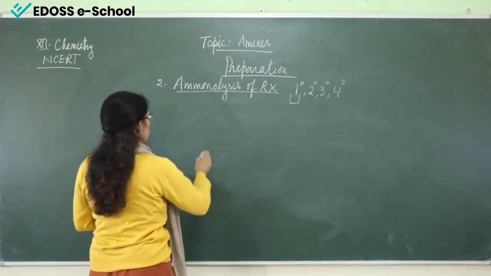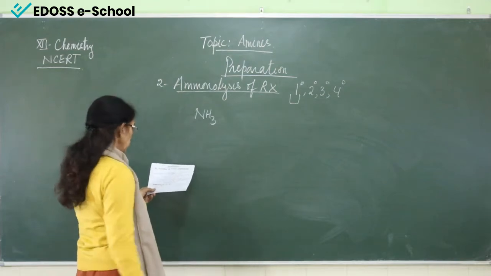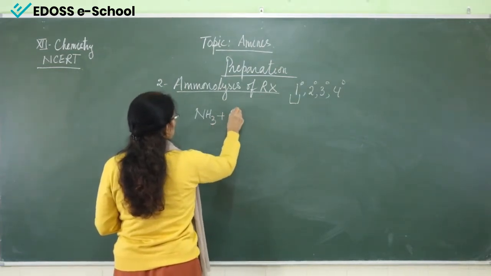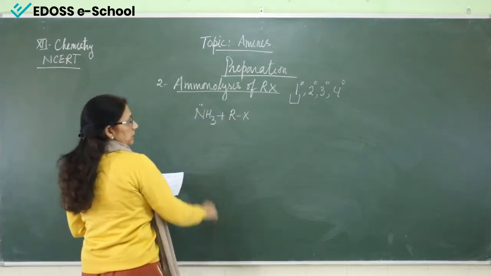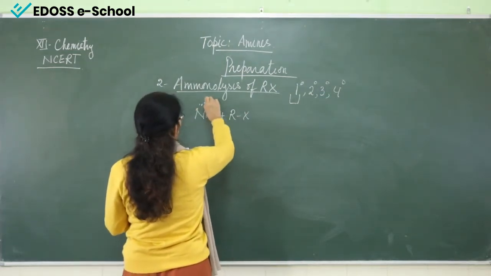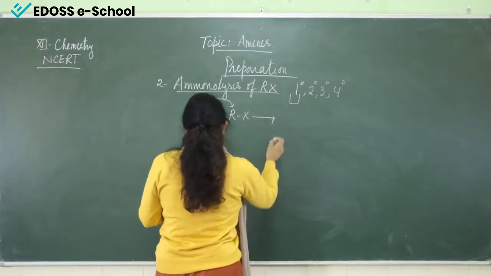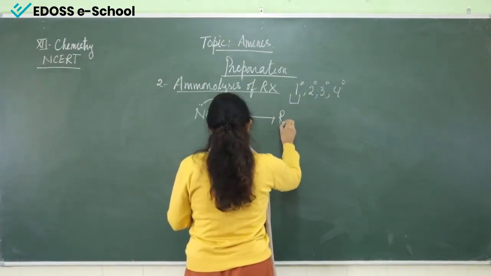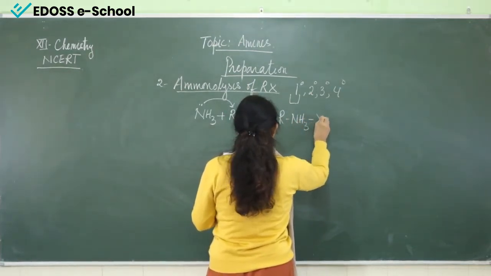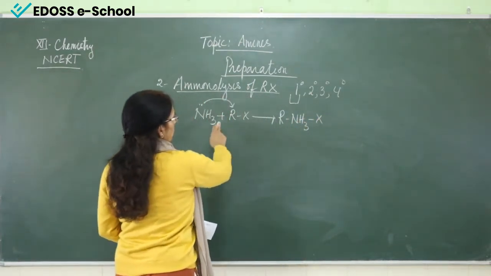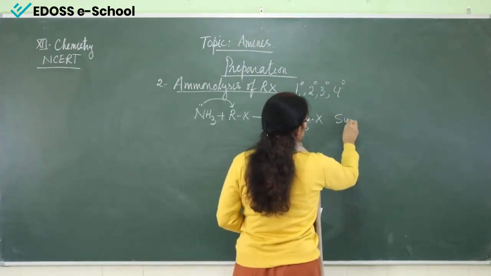So see the reaction. First of all, we are taking ammonia, and this is alkyl halide. So this is the lone pair, which is transferred to the alkyl group and this salt is formed, RNH3X. The substituted ammonium salt is formed.